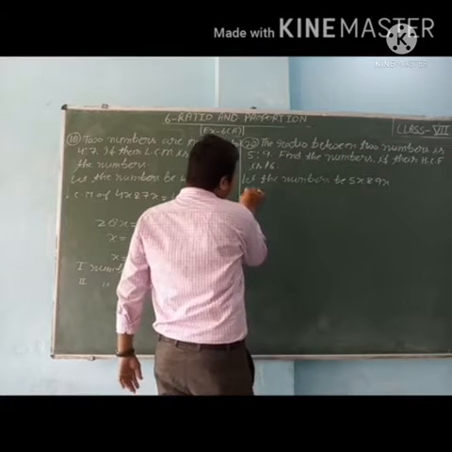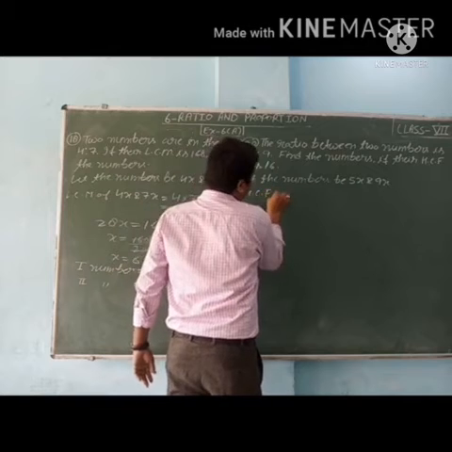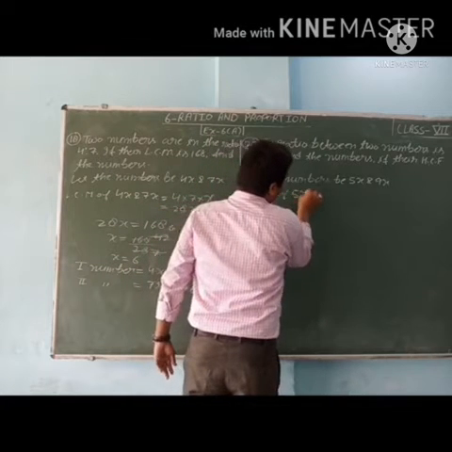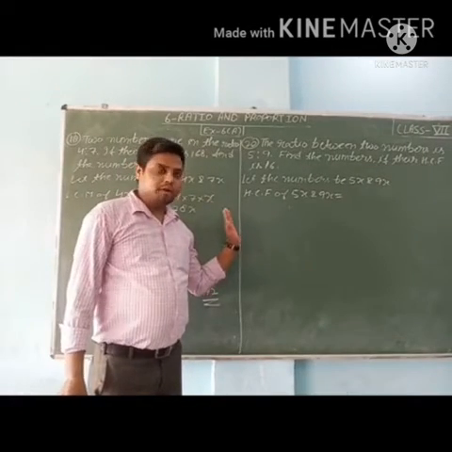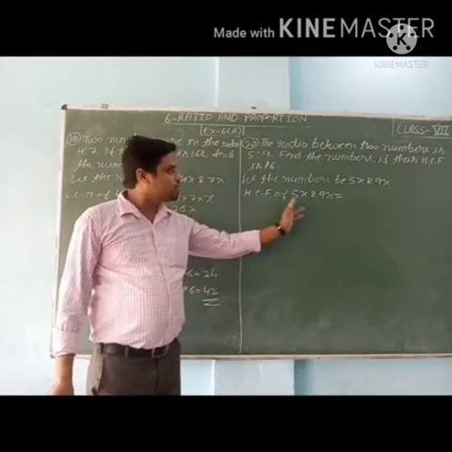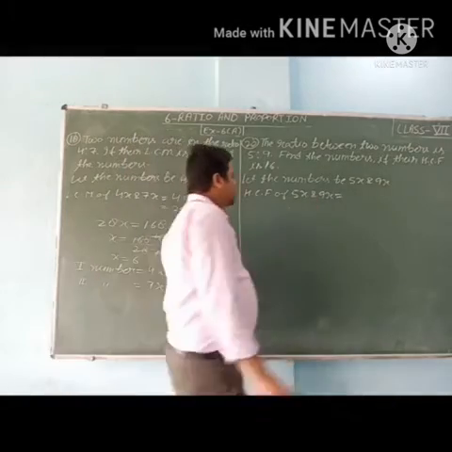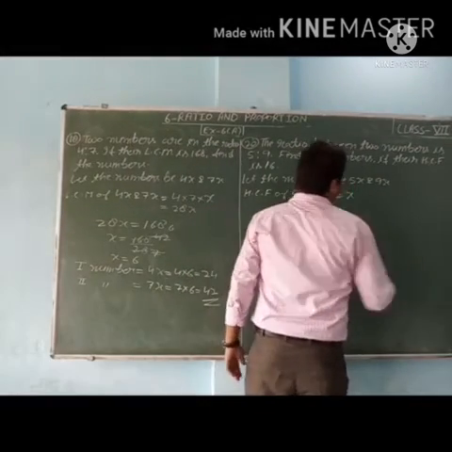Now what we will find? HCF of 5x and 9x. So HCF means common factor. What are common factors in this? Only x. So HCF of 5x and 9x is x.